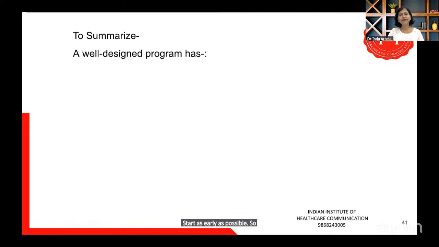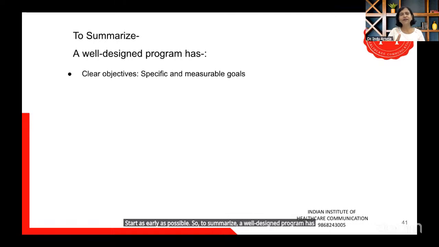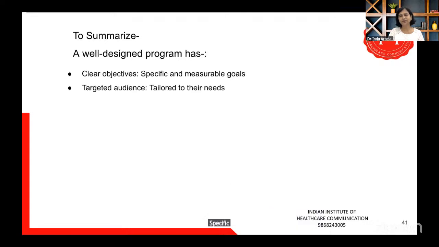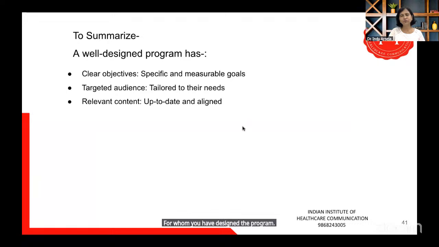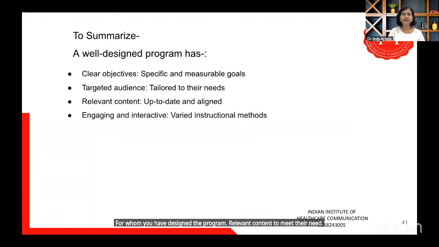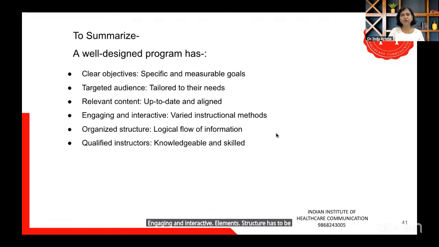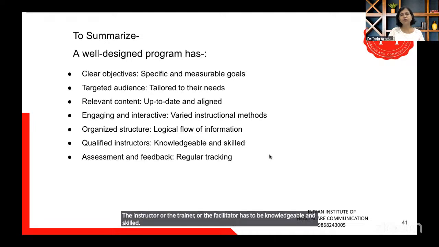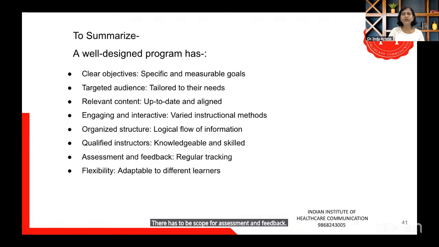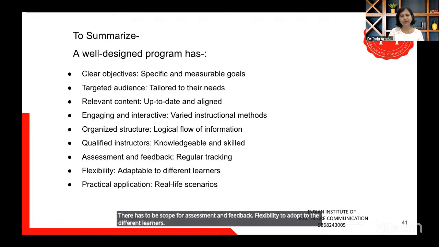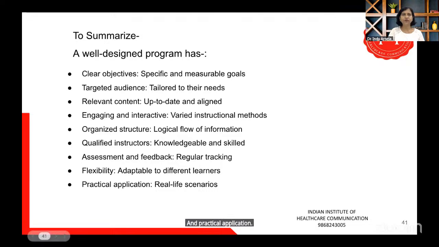So to summarize, a well-designed program has to have very clear objectives, specific and measurable, a targeted audience for whom you have designed the program, relevant content to meet their need, engaging and interactive elements, a structure in a logical flow, the instructor or the trainer or the facilitator has to be knowledgeable and skilled, there has to be scope for assessment and feedback, flexibility to adapt to the different learner, and practical application for real life scenarios.